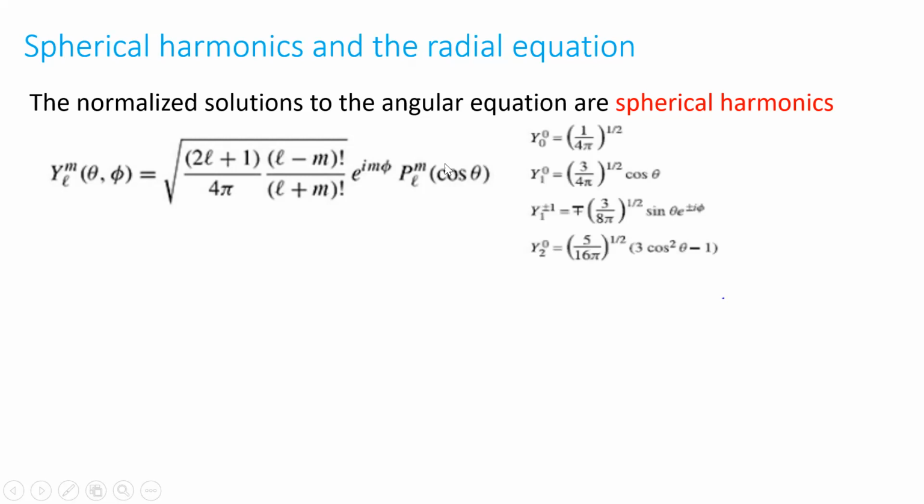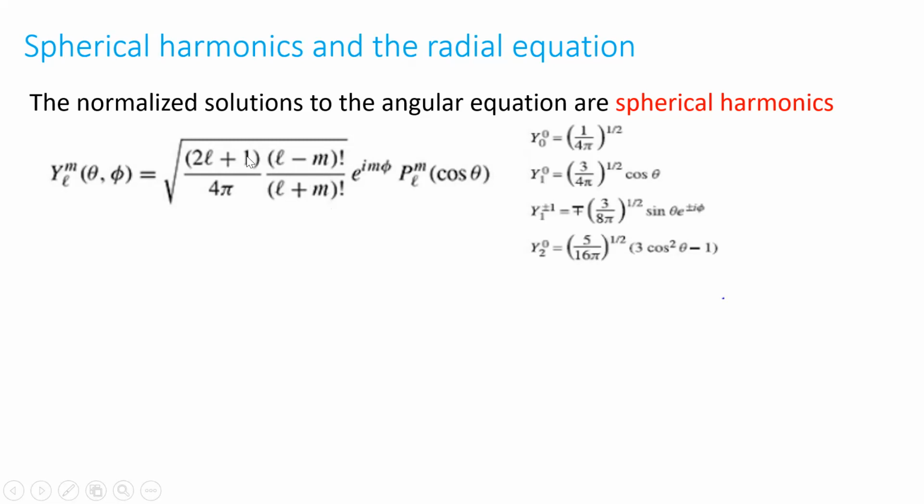So these are the first few, just to give you some picture of this, because this formula is compact, but it's not simple, it's not easy to visualize. So Y0,0: if we put in L and M equal to 0, P0,0 was 1, the e to the i m phi becomes 1, and 0 factorial over 0 factorial is 1.